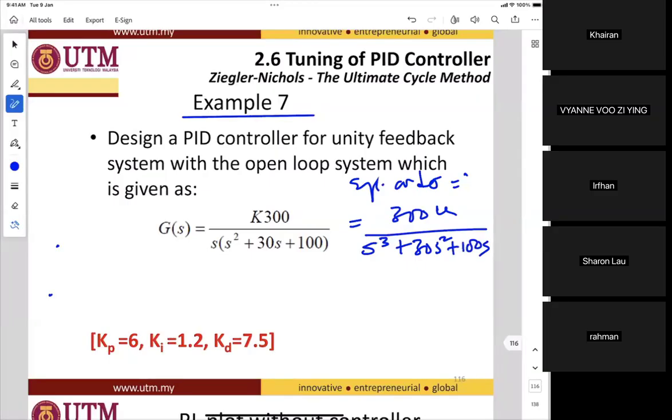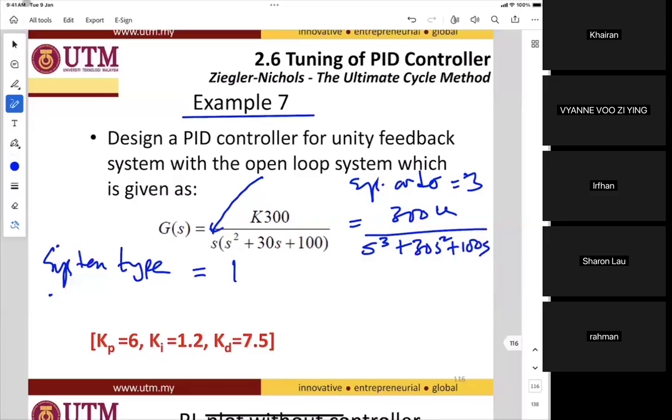So third order, guys. Irfan Hakimi, what is the system type? System type 1. Too late.